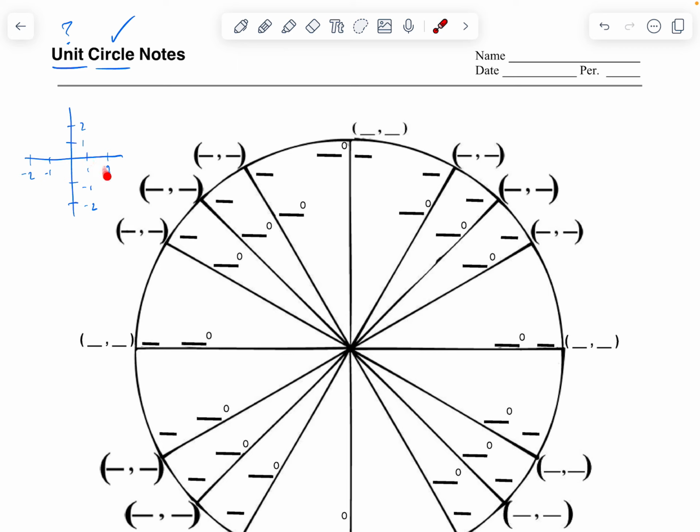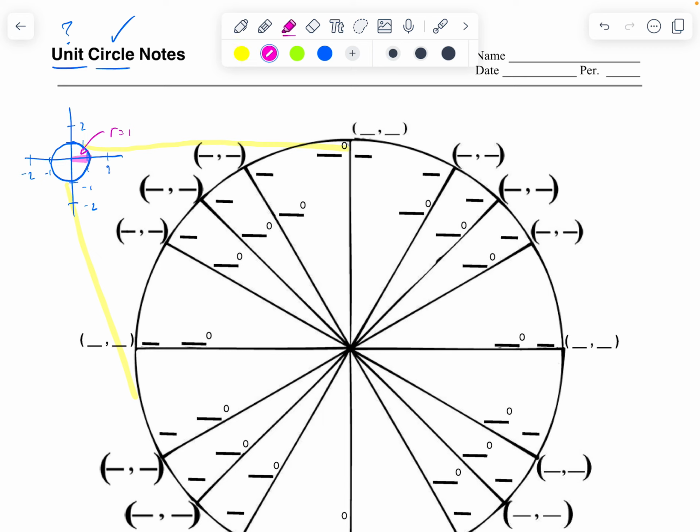So this is 1 unit, 2 units. And if I draw a tiny circle right here with a radius of 1, that is actually the same thing as this circle right here. If I zoom in, that's what this big old unit circle is, because it has a radius of 1.